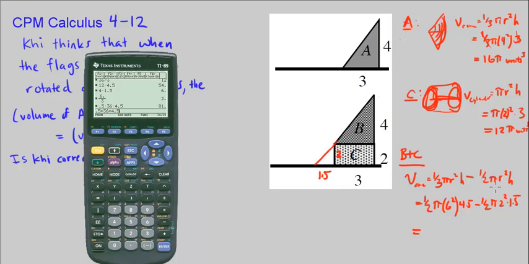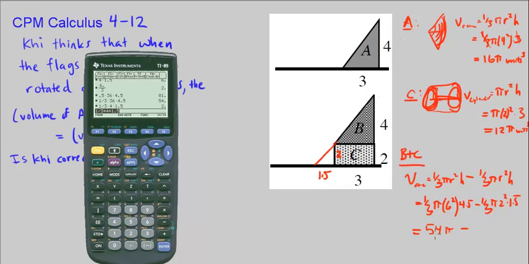So these should all be 1/3, excuse me. 1/3, 1/3, 1/3. That was my bad. So instead of 0.5, we have 0.33333, or I could just write 1/3. Now it looks right. So that's 54 times pi units minus 1/3 times 2 squared is 4 times 1.5.